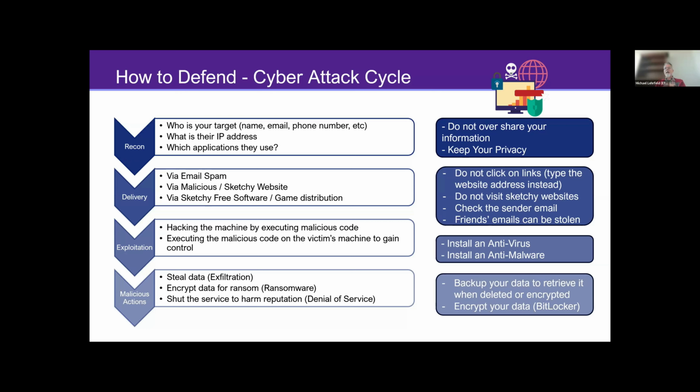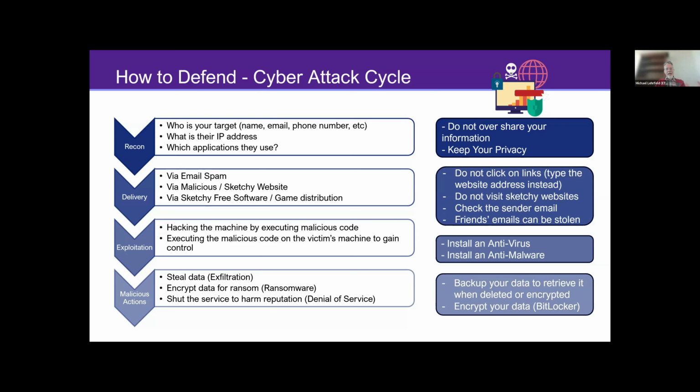And on the far right side of that slide, you see some ways that we can defend against each one of these. Don't overshare your information. Let's say you get a phone call from your credit card company.